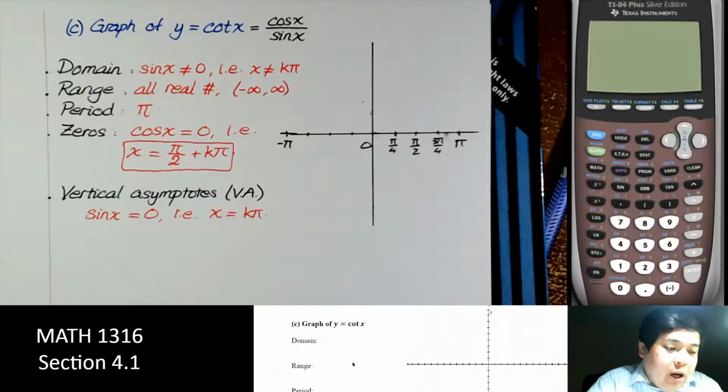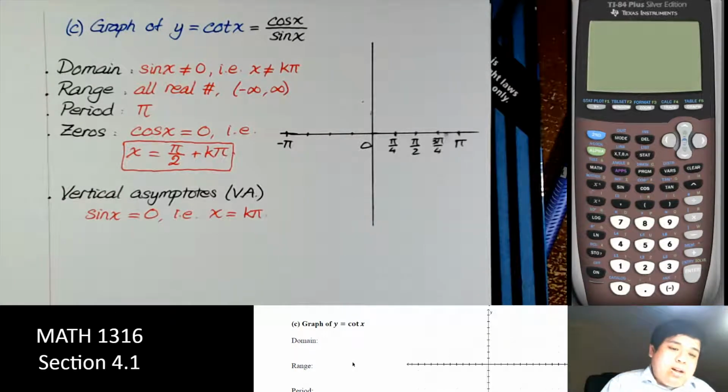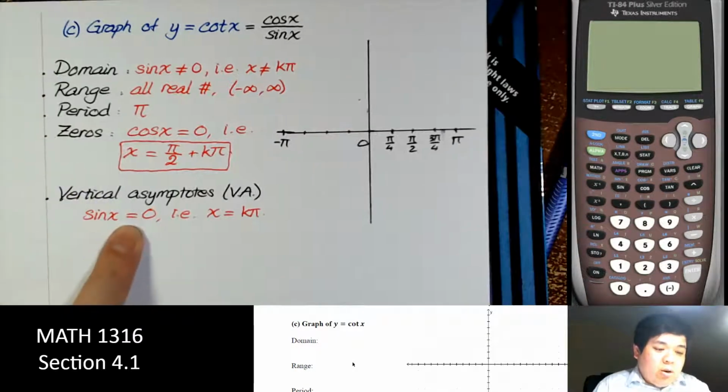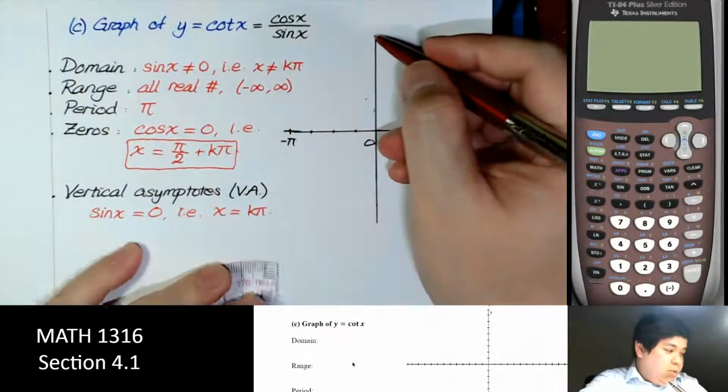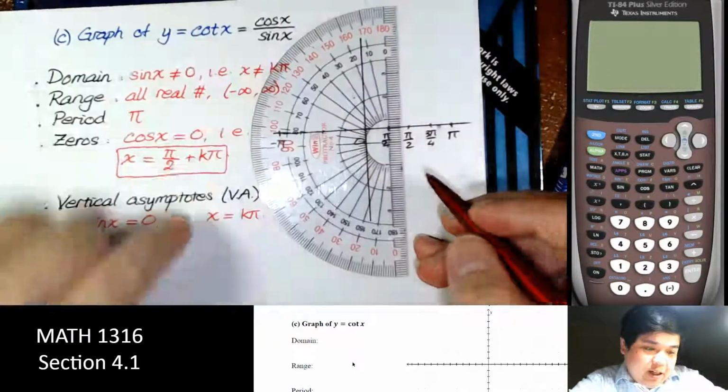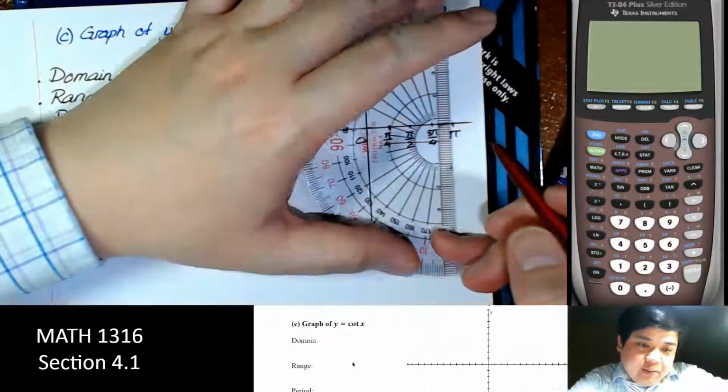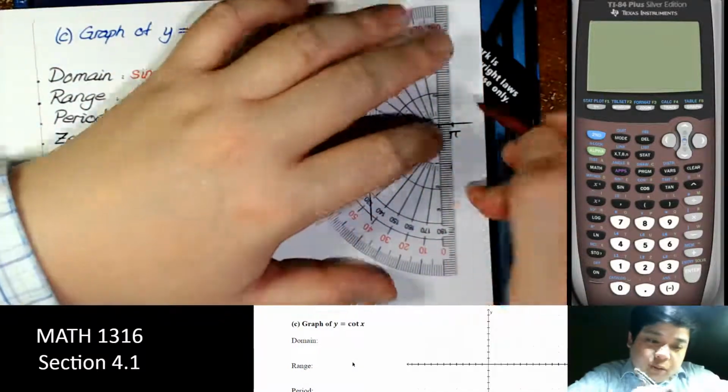Right. Now, the graph of cotangent. First, the vertical asymptote at multiples of pi. So have the vertical asymptote right there and right there.